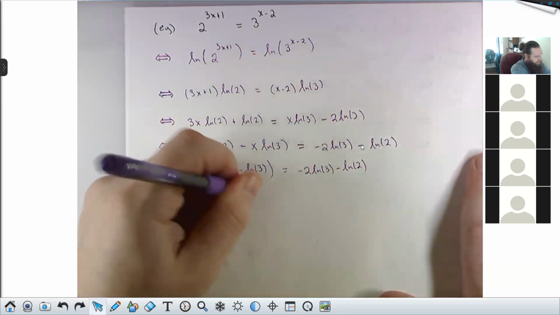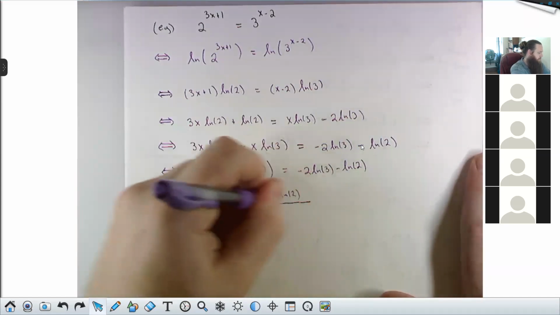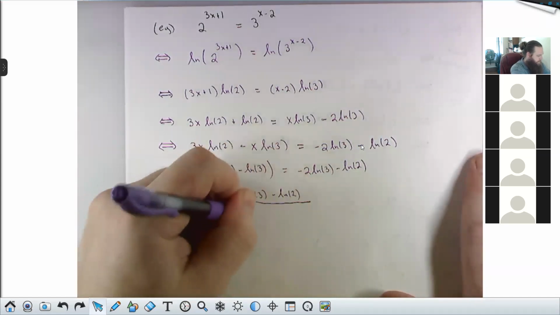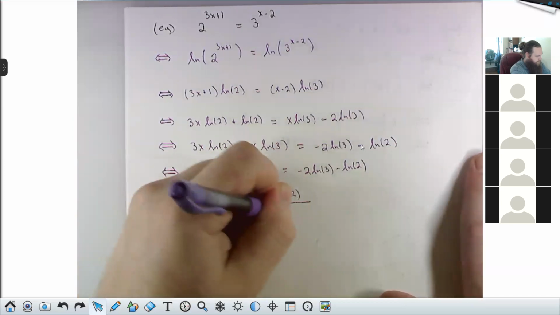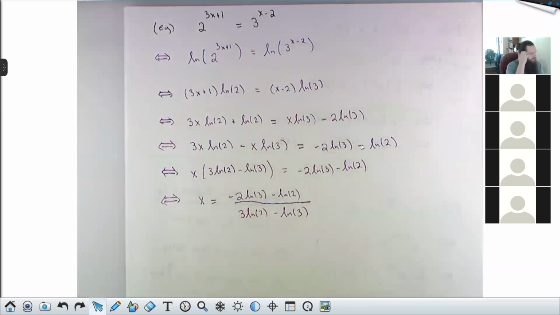Negative 2 ln 3 minus ln 2, all divided by 3 ln 2 minus ln 3. And there's some cute symmetry here, which hints that maybe if we were very patient, bringing this inside as a power and then combining, bringing this inside as a power and then combining, we might be able to make it look a little better, but who cares? This is it. You're done.